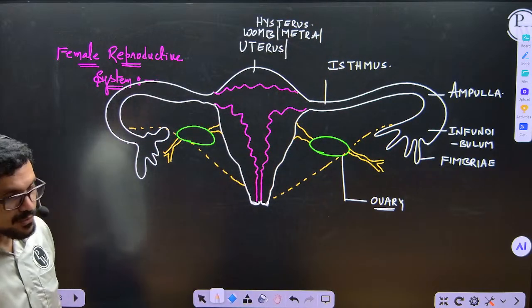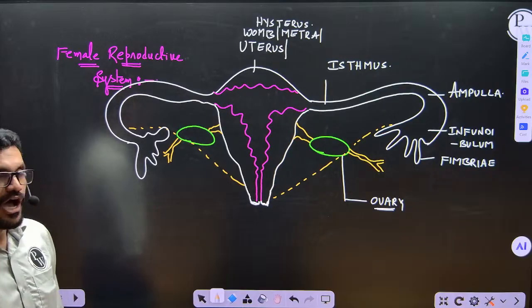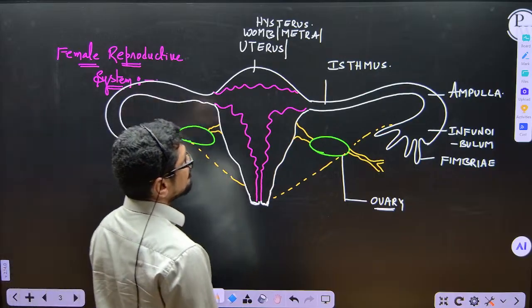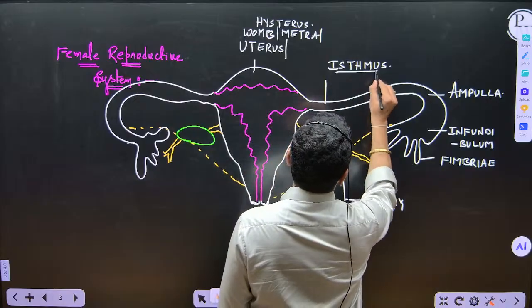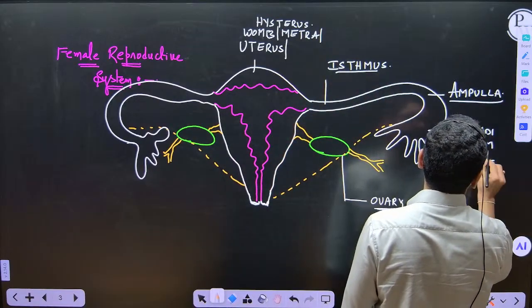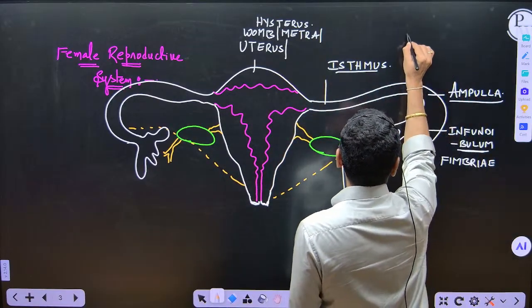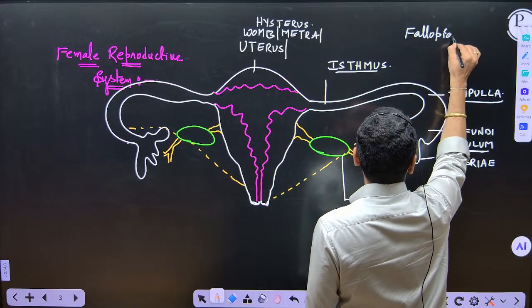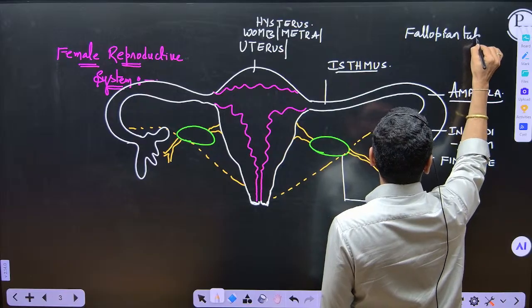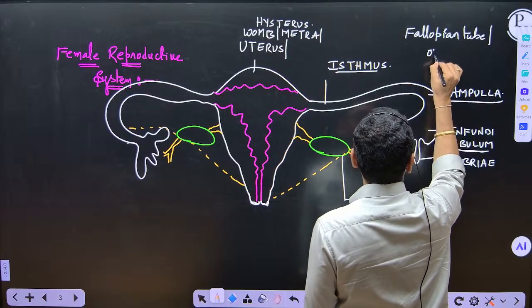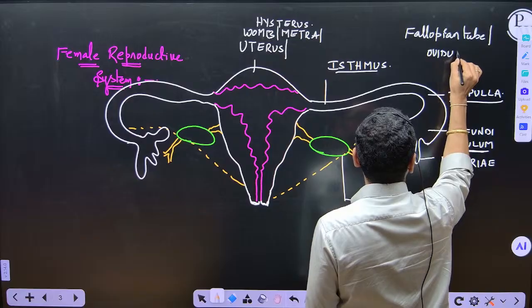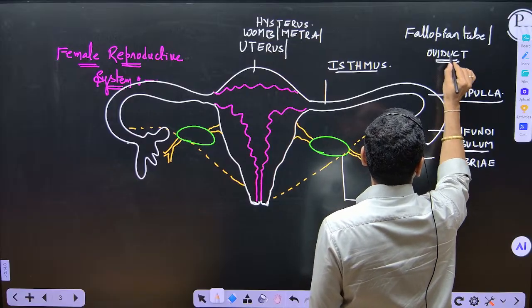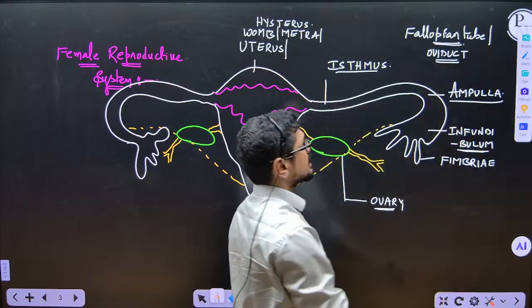Hysteris, or womb, or metra, or uterus. Okay. And now see, this is isthmus, and this is ampulla, this is infundibulum, combinedly called fallopian tube. There is another name for it, also called oviduct, fallopian tube or oviduct.